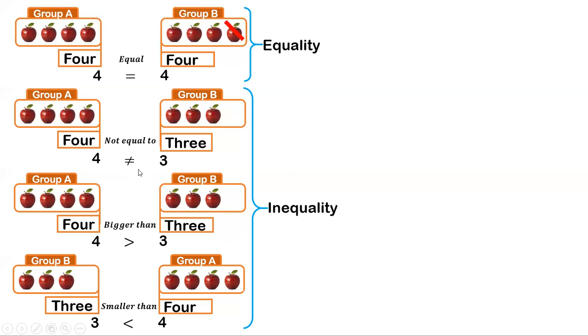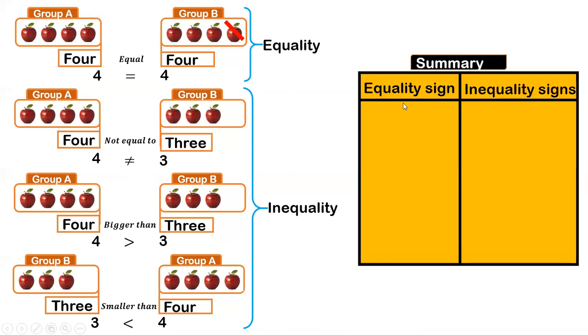And if they are not equal, then it may be that one side is bigger than the other, or the other side is smaller than the other. Okay, now in summary, we can say that the equality sign is this one, which you can call equal to.